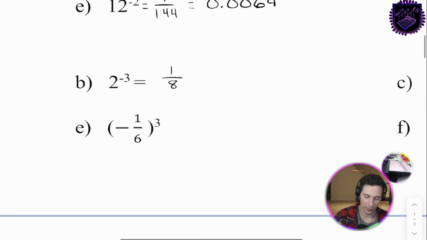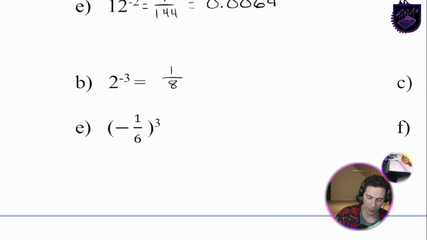Negative. Okay, so it's going to be a negative answer because we have an odd exponent on a negative base. So up top we're going to have 1. On the bottom we're going to have 36. 36 times 6, 216. 1 over 216.